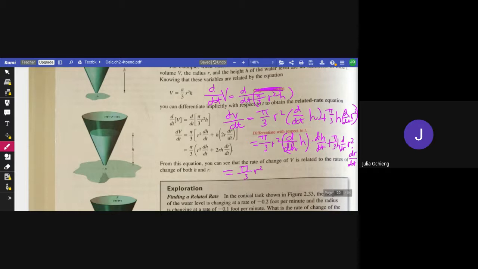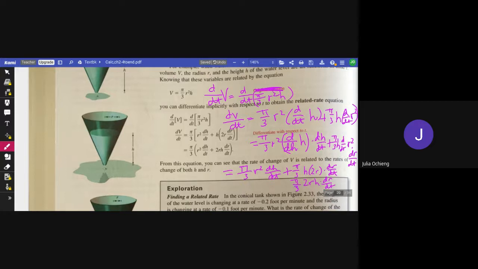And then there's going to be times dh over dt plus this is going to be 2r times dr over dt. This then becomes 2rh times dr over dt with the pi over 3 in the front.